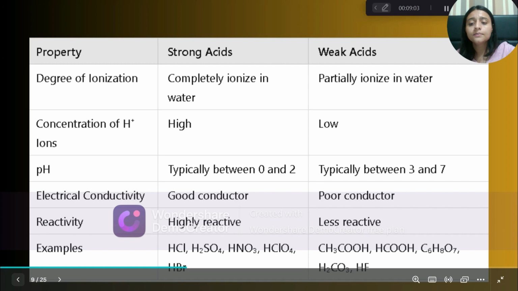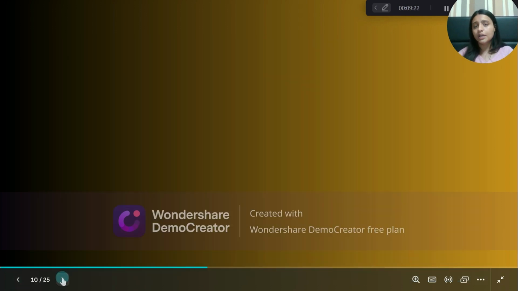Now we go further. Till now we have understood what acids are, what strong acids are, and what weak acids are. Now it's time to learn about bases. What are bases? In contrast to acids, bases are slippery in nature.